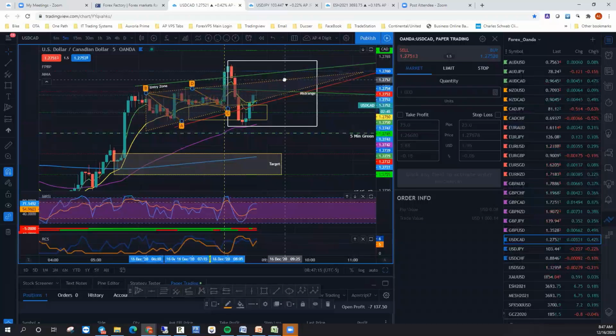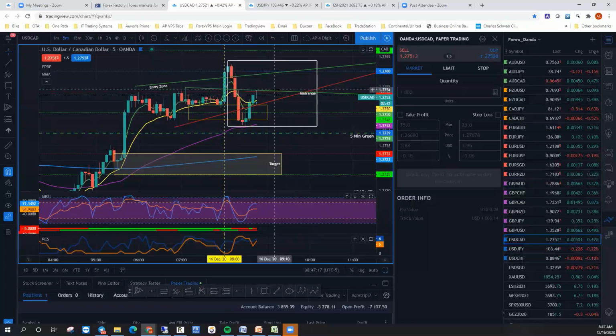Let me just take this wedge off here so it makes things a little bit clearer. We don't need that right now. These are our overshoot and undershoot zones, the red and the green for the breakouts.